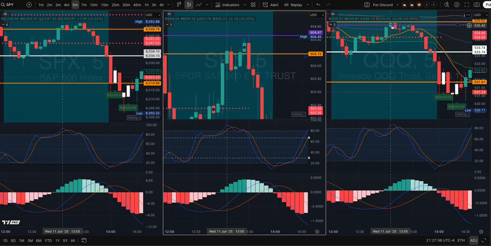But in QQQ, that setup was perfect. So if someone were to take puts, QQQ was the perfect setup there.